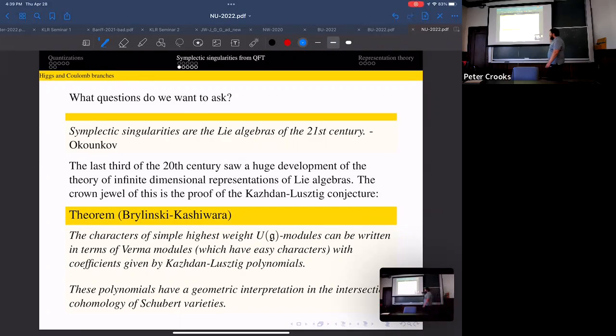If you look at simple highest weight G-modules, so simple modules in category O, their characters can be written in terms of Verma modules, and the coefficients are given by something geometric, Kazhdan-Lusztig polynomials, which you can interpret using intersection homology. Right. So this would be, in my mind, a great statement to try to generalize.